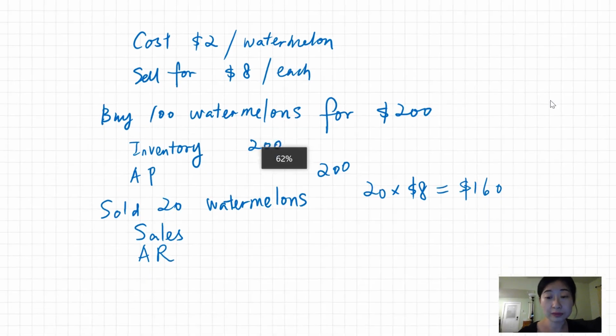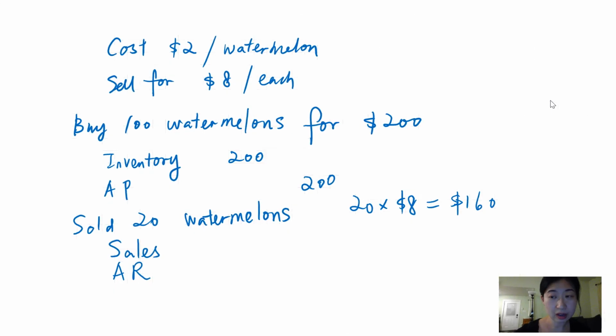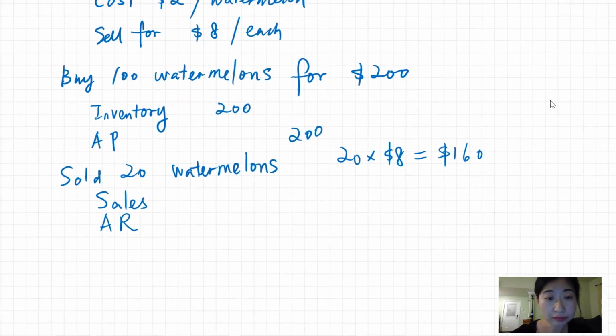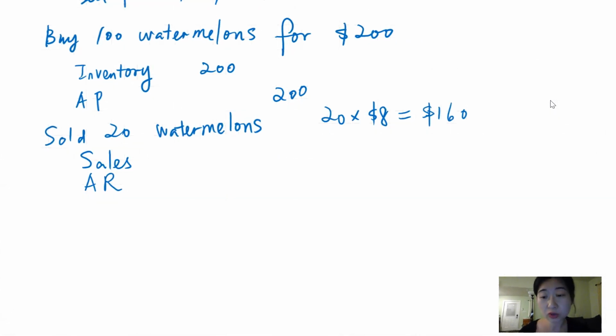Well, how much, right? You probably ask. Well, you did sell to your customers for $160, and that's how much they owe you. So for sales it is 160. Sales is equity.